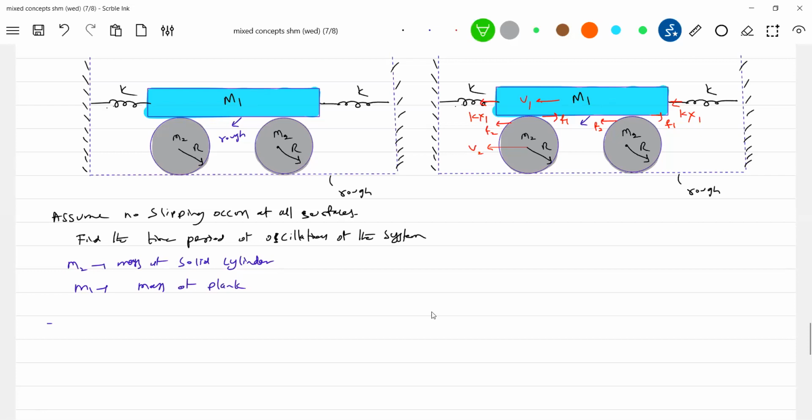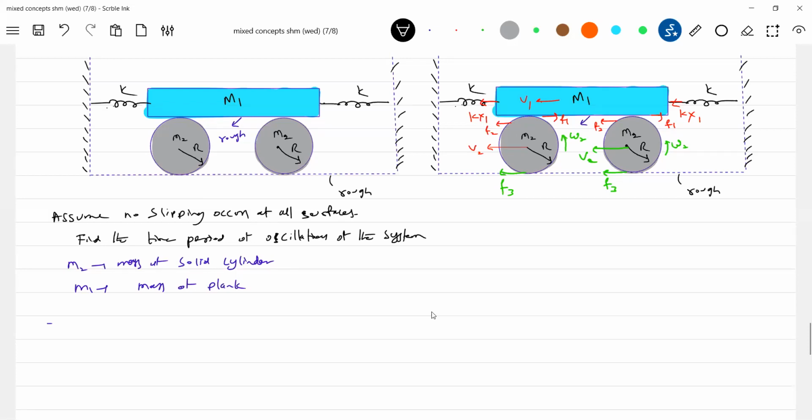Now we know if a friction acts at the highest point, F3, this cylinder will have velocity v2 and omega 2. In the rolling motion, we had some basic picture.